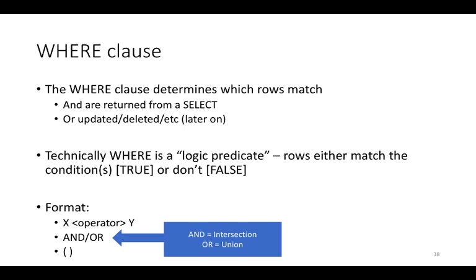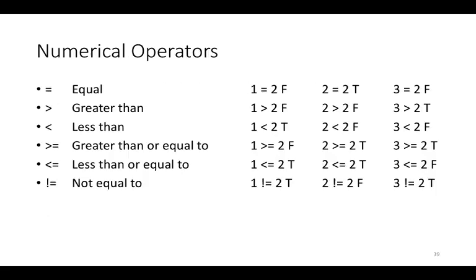Or I could say I want students whose surname is Jones and whose first name is Fred. These are akin to the set operators that we saw a few weeks ago. AND is an intersection: I only want the data set that matches both sides of our predicate. If I say OR, I want data that matches one or the other. So AND is an intersection and OR is a union of the data sets.